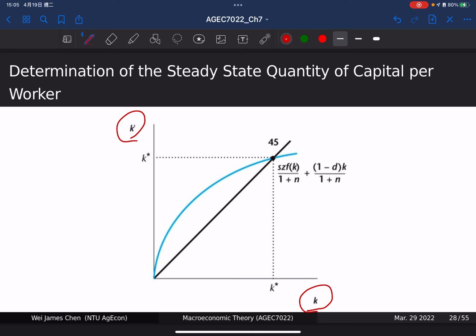And we have used this technique before. To find the steady state, you draw a 45-degree line and see where this function crosses the 45-degree line. Because what that means is that if you input k star into this function, the output will be exactly k star.